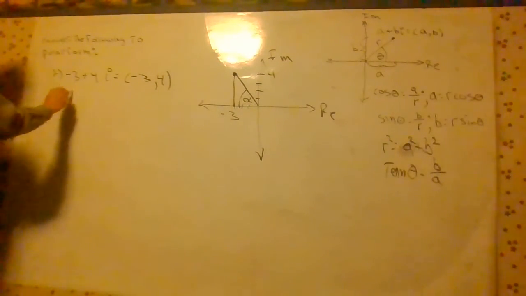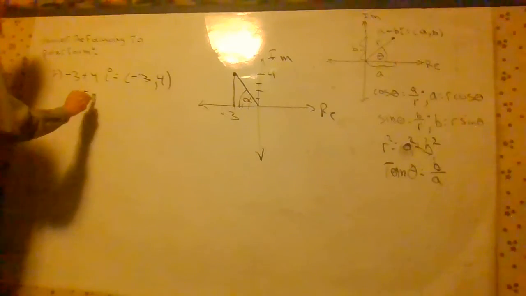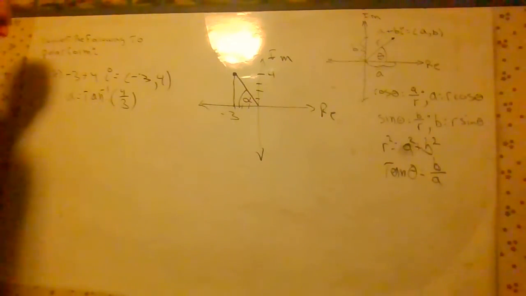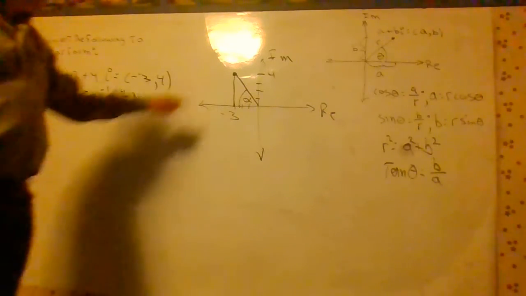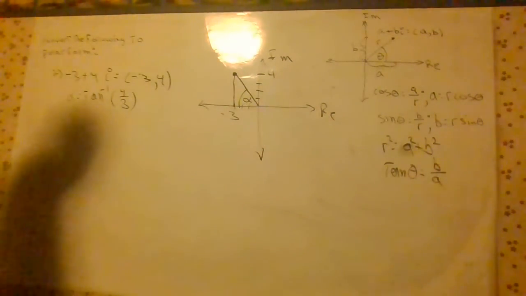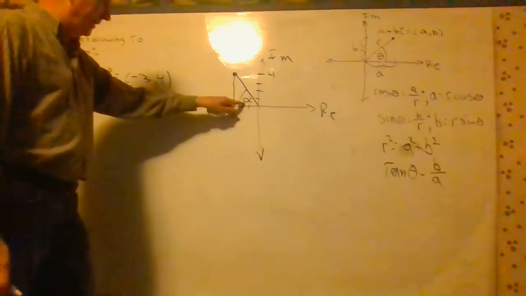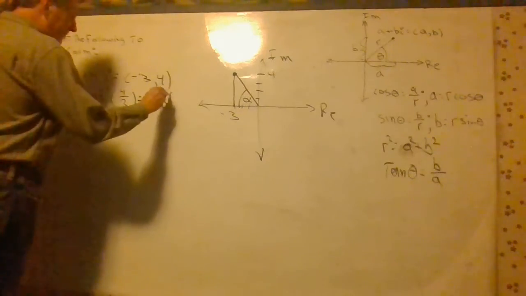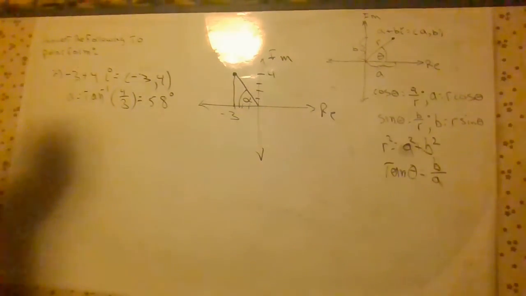And it turns out alpha is equal to arctangent of 4 over 3. Okay, this is just a simple acute triangle. We're not interested in positives or negatives. We simply want to find that angle. This ends up being about 58 degrees if you work it out.